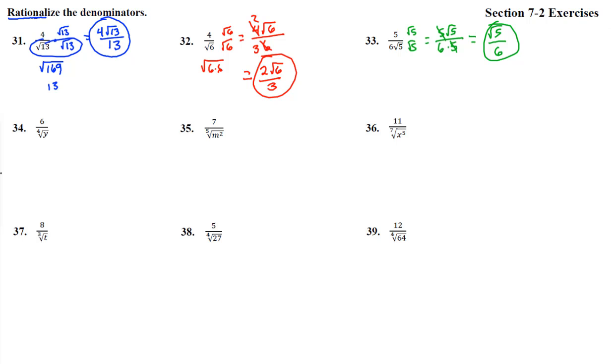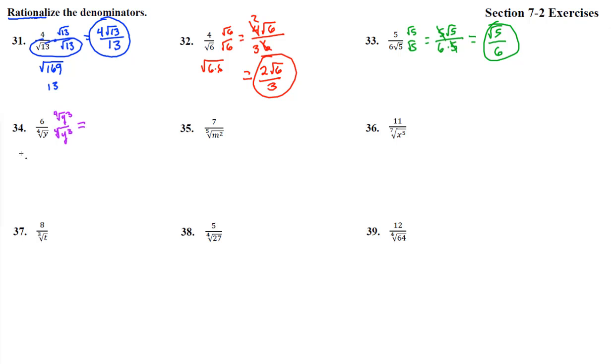Okay, number 34. Ooh, now notice this. This is a fourth root. If we were to multiply by the fourth root of y and the fourth root of y, we would get the fourth root of y squared. That doesn't solve anything. We need a perfect fourth. So if we can multiply by anything we want, there's one y in here. We need 3 more.